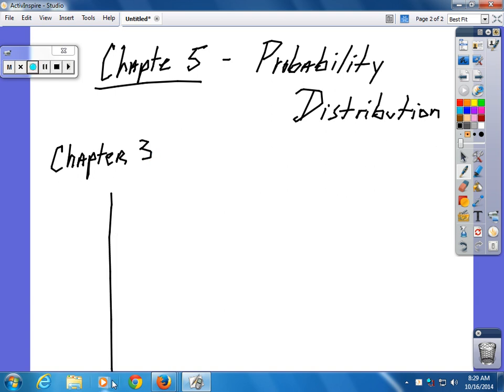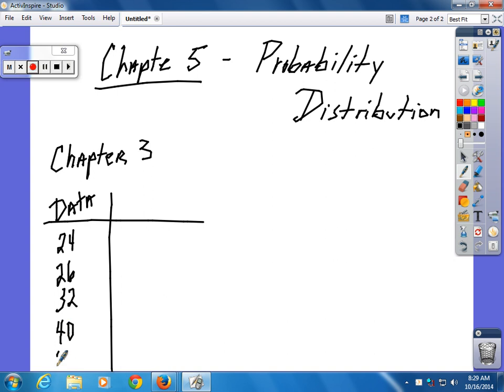We had data-driven sets, like test scores, 24, 26, or ages, 32, 40, and 45. And you were able to get the mean, median, and mode of those, the standard deviation, and then you have the frequency distribution.